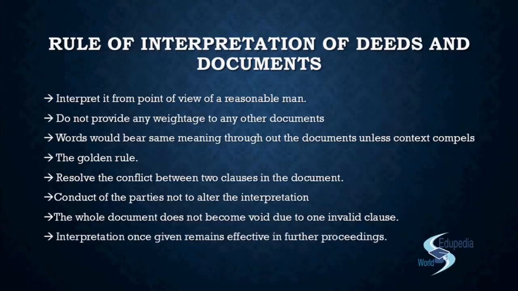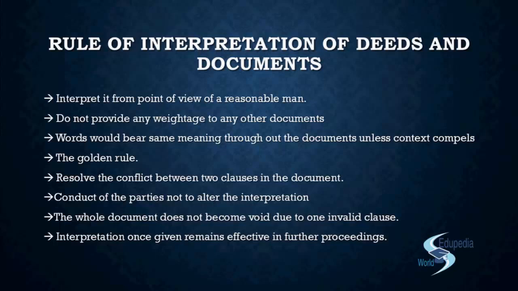And then let's refer to the last point that we have. Interpretation once given remains effective in further proceedings. Now suppose two parties have entered into a deed, right? They have prepared a document, a contract, right? And then the court has interpreted it in one particular term, and then both of the parties agreed and signed the deed, and the deed became effective.